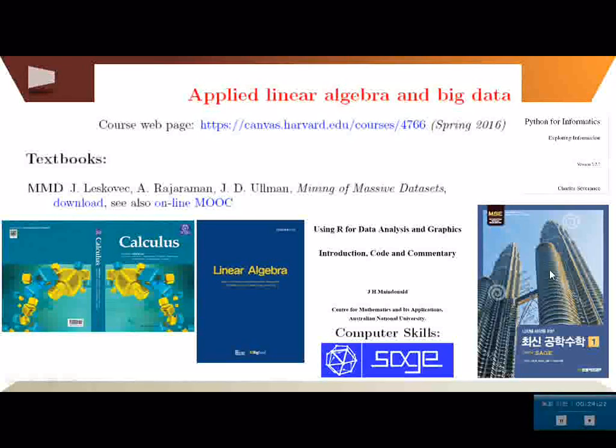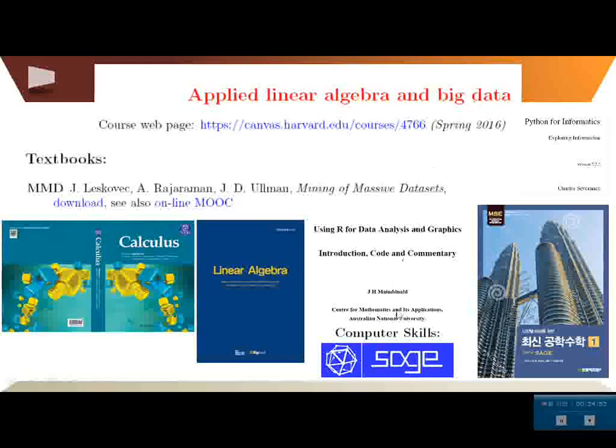So this deals with multivariate calculus, linear algebra, differential equations, complex variables, and some more, with lots of applications. So we will review the materials that will be used in the study of big data in this course.